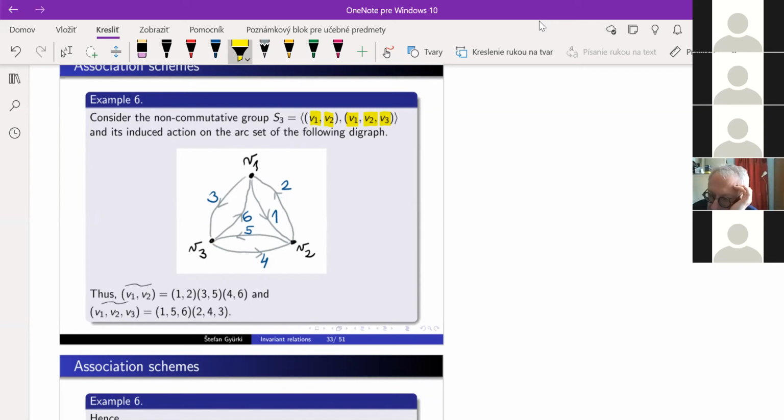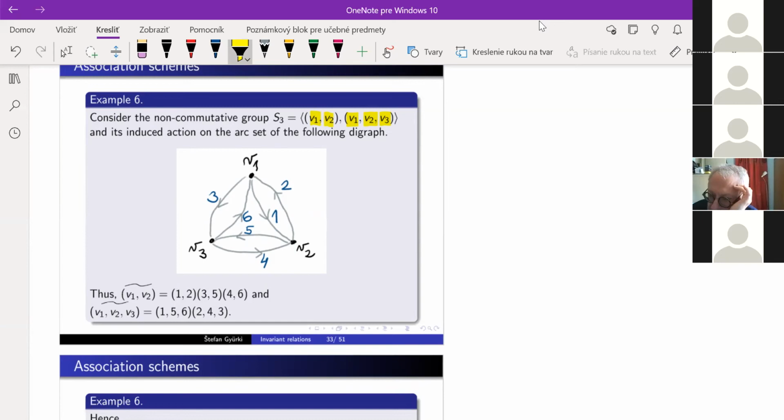And I can consider the action of this group on the set of darts. And I will use symbols 1, 2, up to 6 for the darts.